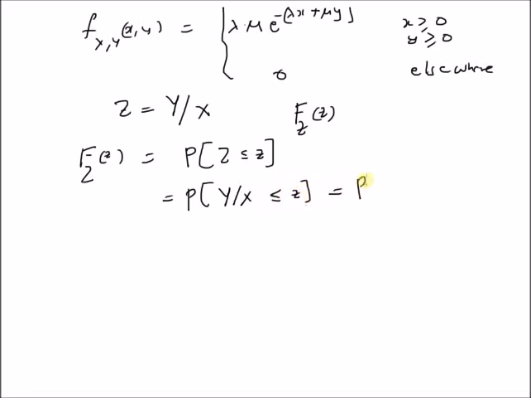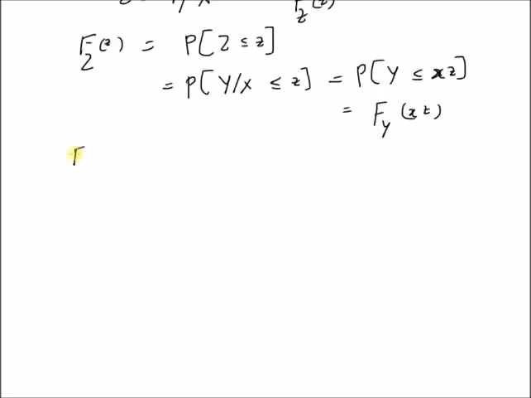This is equal to the probability that y is less than or equal to x into z. So basically we have reduced the CDF of z to a CDF of y with the limit equal to a value of the realization equal to x into z. So this is nothing but F_y of y equal to xz. Now we have to find the CDF of y.